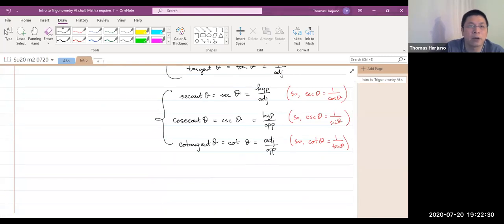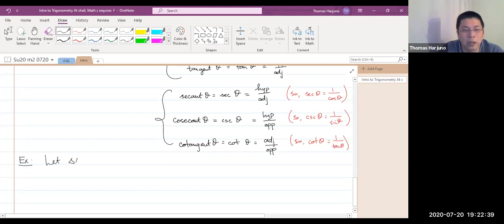Let's say, for example, we have a right triangle. Let triangle ABC be a right triangle with right angle at C.